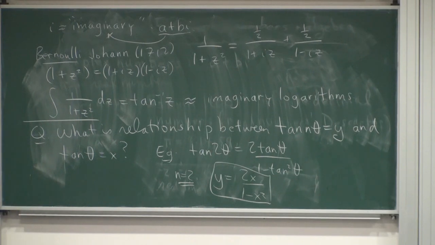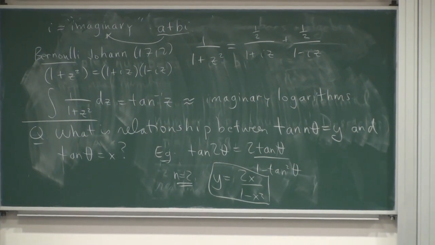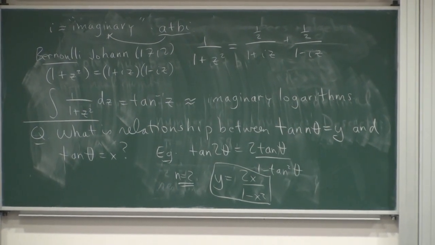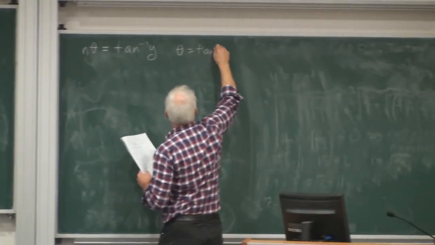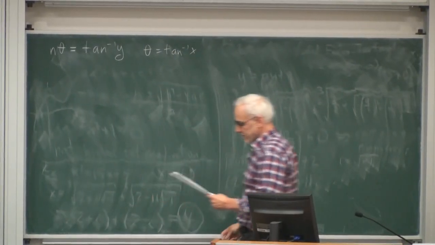And Bernoulli was interested in, well, what happens if we look at higher values, not just n equals 2? What about n equals 3 or 4 or more generally? Okay, so what did he do? He looked at tan n theta equals y and tan theta equals x. So n theta is going to be tan inverse of y, and theta is going to be tan inverse of x.